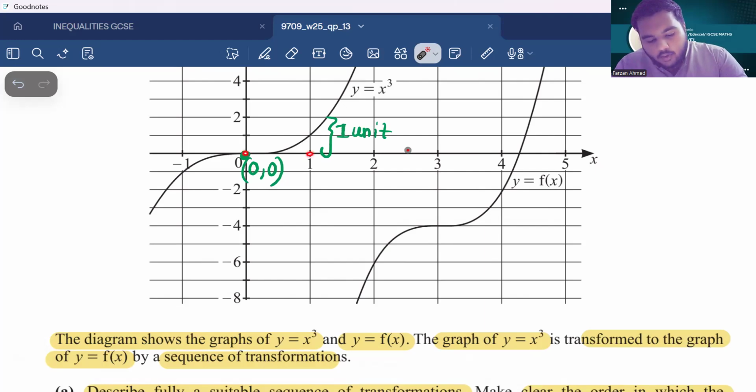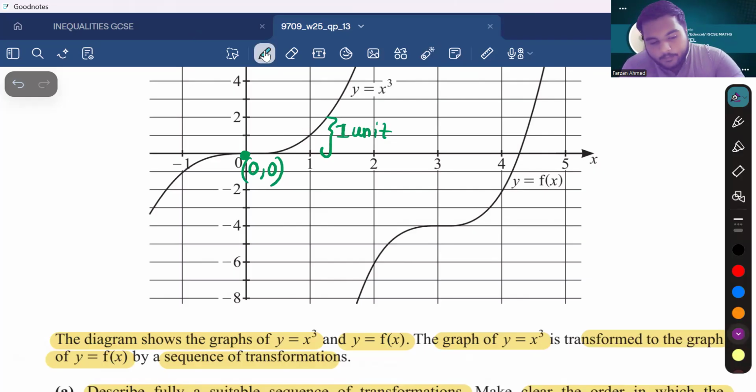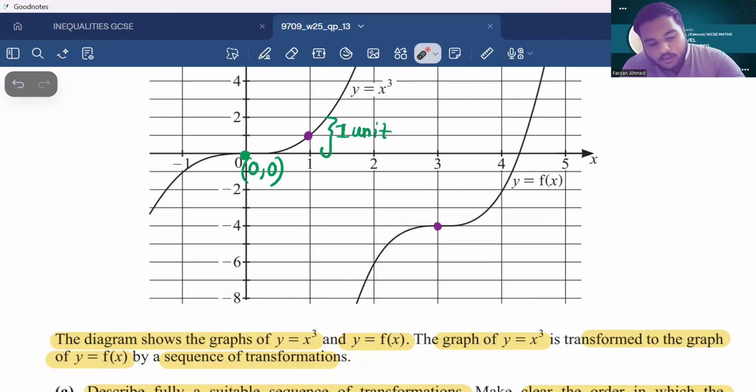We will start from here because here is a turning point. So we will check from this.